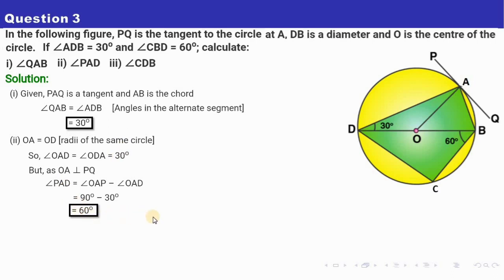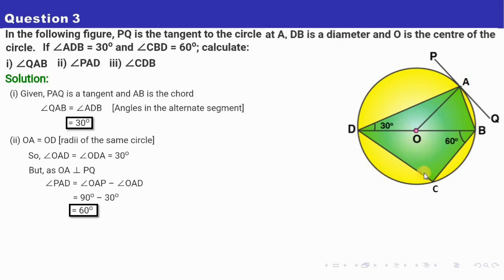Okay, fine. So let's move on to the last part, that is CDB. So let us see where CDB is. CDB means we have to calculate this angle here. Now since DB is the diameter, this part is your semicircle, isn't it? And angle C is the angle formed in the semicircle, right?